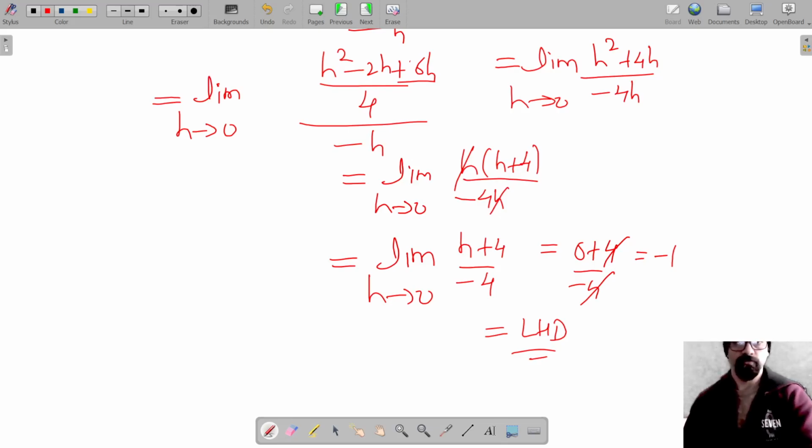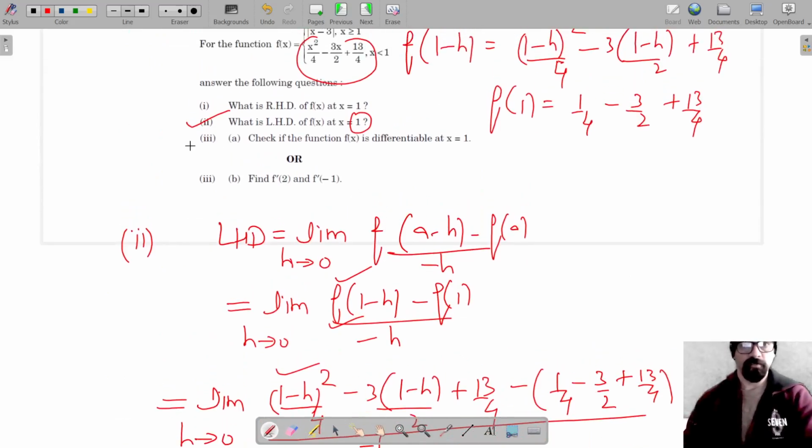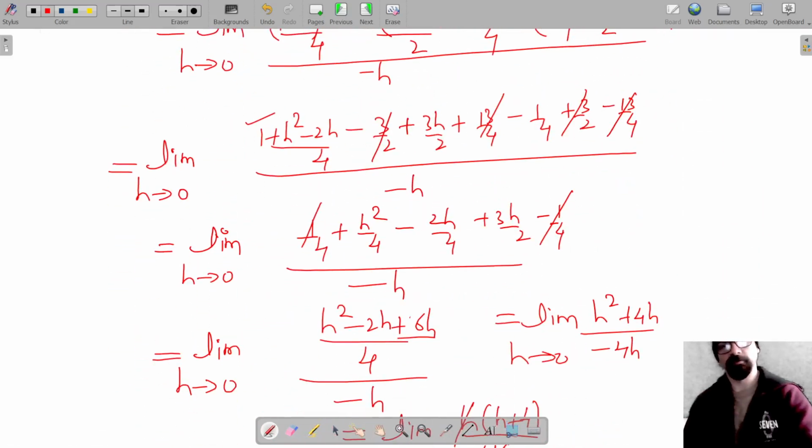Okay, let's move to another part of this question, that is check if the function f of x is differentiable at x is equal to 1. So to check the function is differentiable at x is equal to 1, we will compare the values of the left hand derivative and right hand derivative. So left hand derivative is equal to right hand derivative.